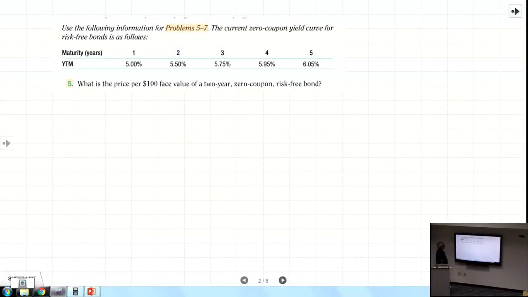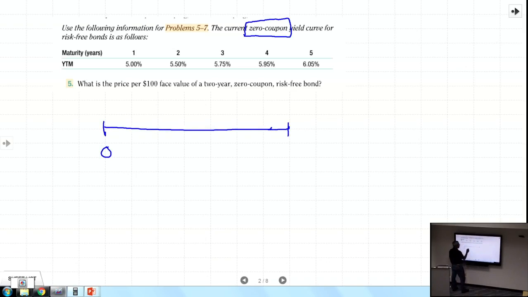Okay, the next question we're looking at a zero coupon bond. A zero coupon bond is, as the name implies, a bond that does not pay any coupon in the interim, and at the end of the bond's life, it pays back the principal or the face value.